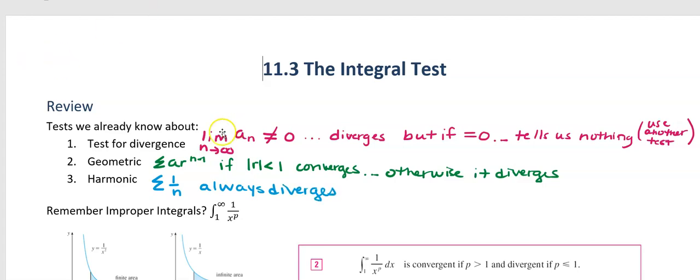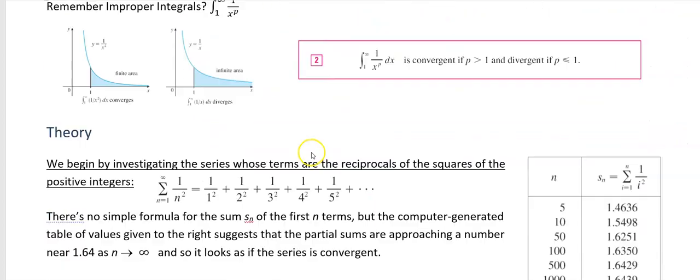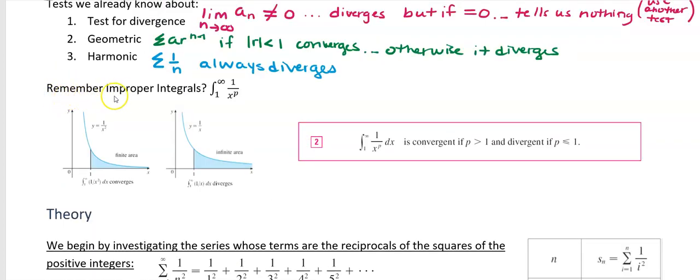So that's just a quick review of the three main ideas we've talked about already, and today we're going to add in the integral test. Let's think back to improper integrals, specifically the integral from 1 to infinity of 1 over x to the p. Now p is the exponent, and it can be any sort of value, but we're going to divide it into two ideas.